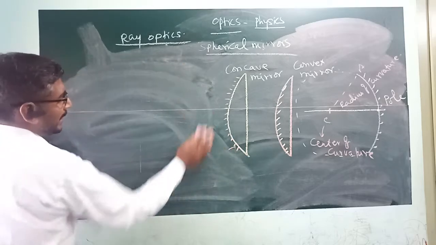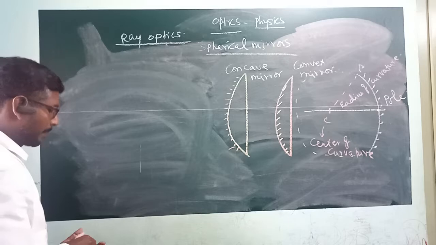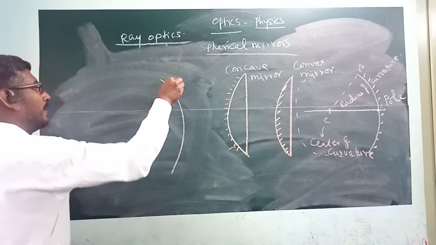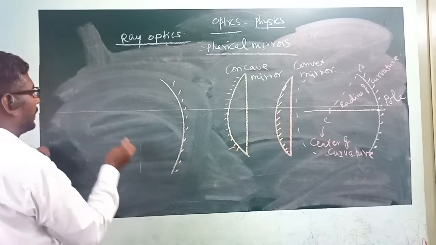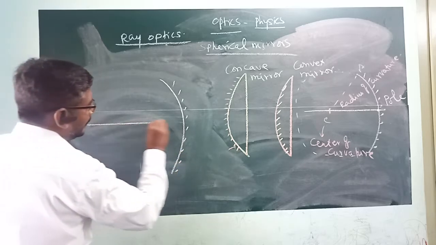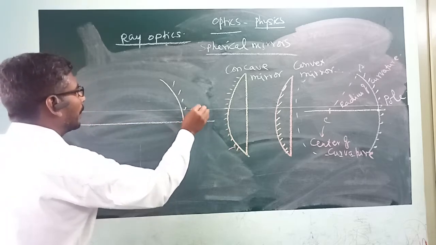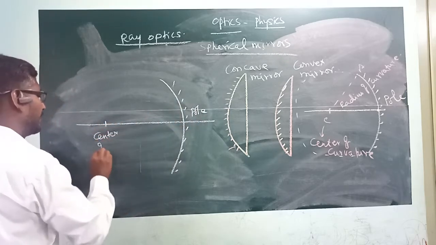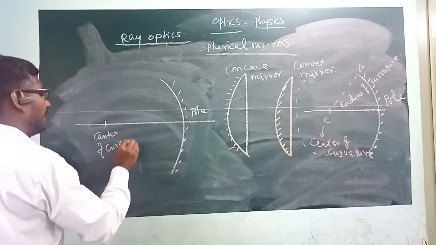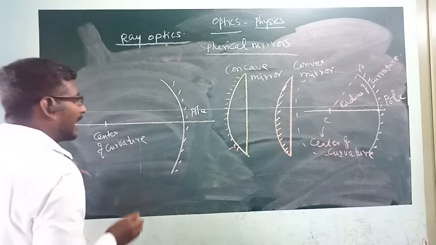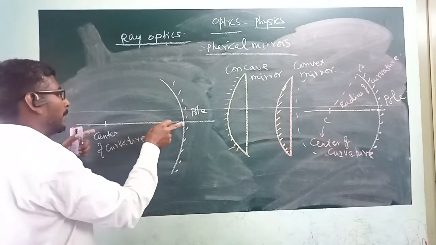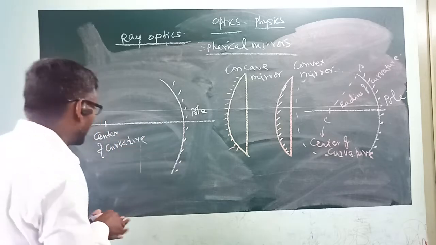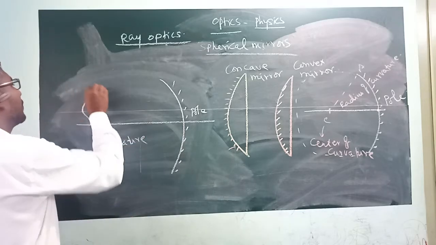The other important aspects are these. Now you have learned about the pole. This is your center of curvature, and the line which passes through the pole and the center of curvature you call the principal axis.